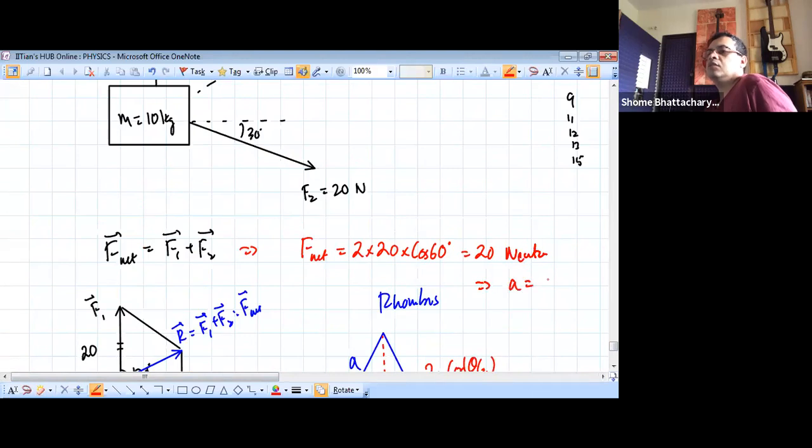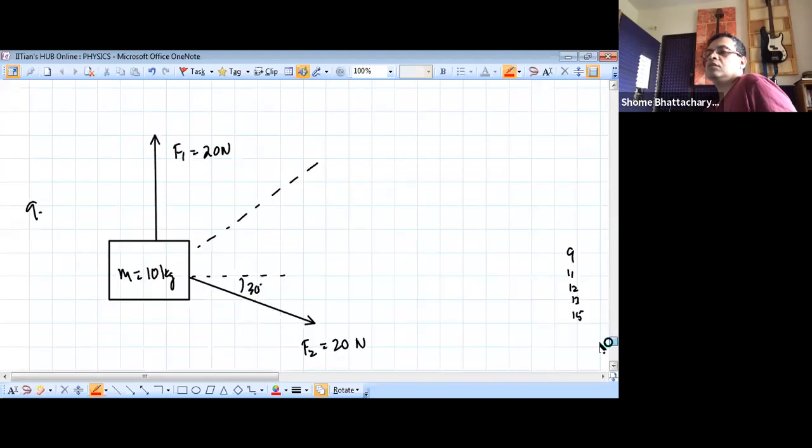So the acceleration will become 2 meters per second square. And the direction of the acceleration will be along this sort of direction. This will be the direction where this angle and this angle will be 60 degrees.